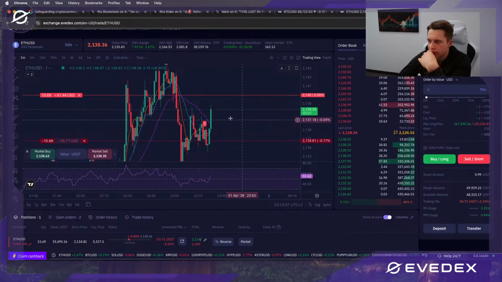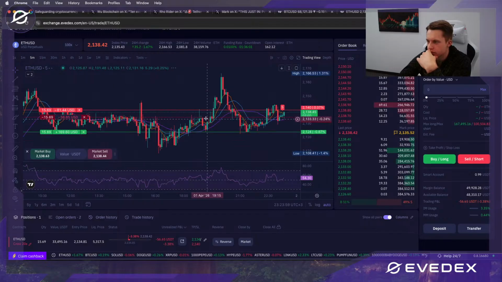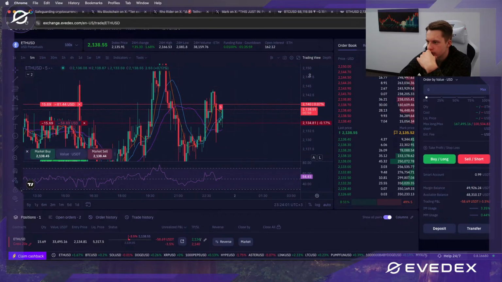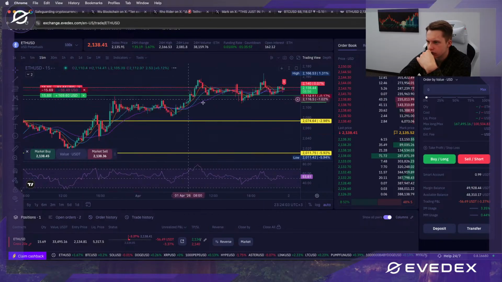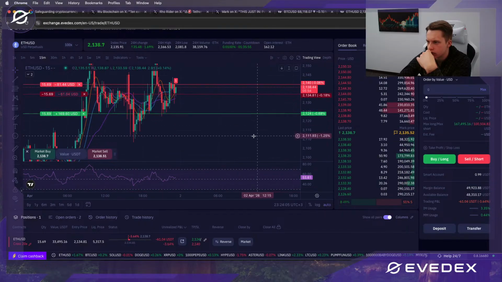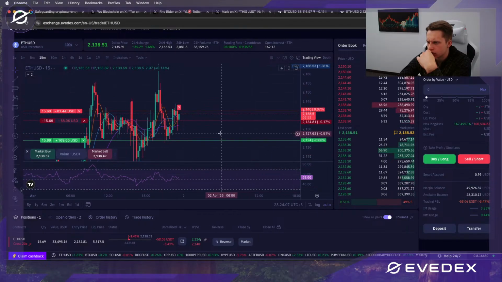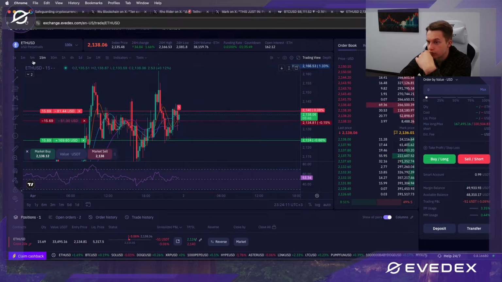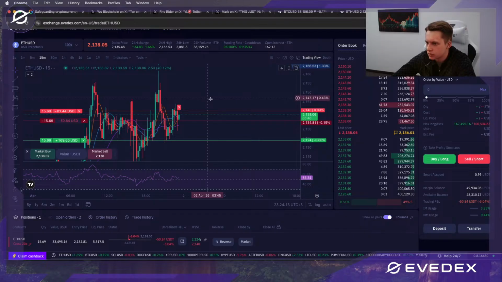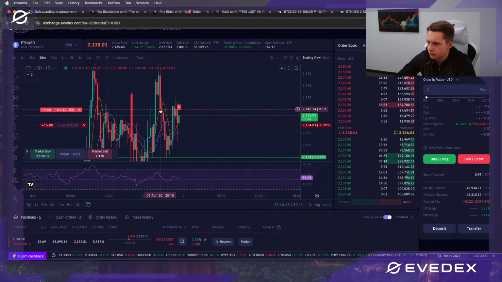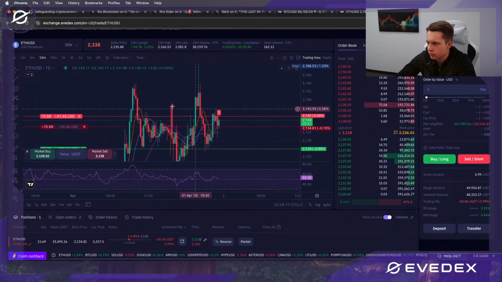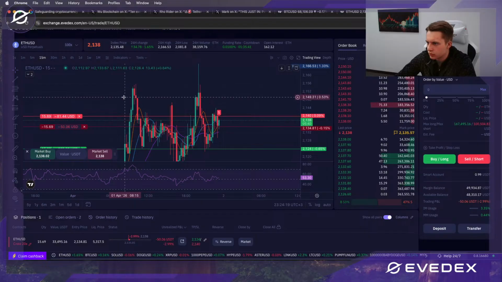We've got a bigger reversal formed there. Where are our levels? Where are my levels? Where are my levels? Is someone gonna tell me?